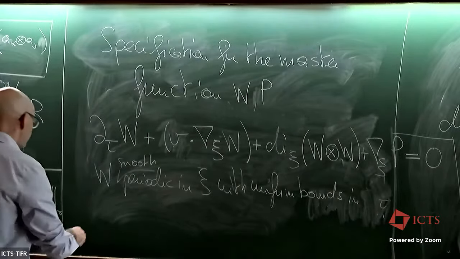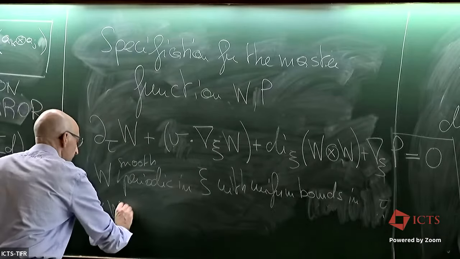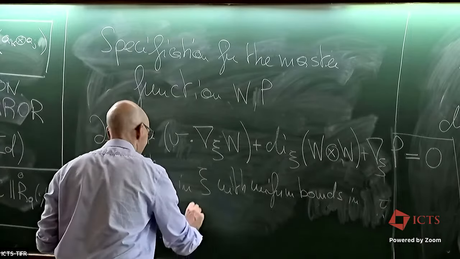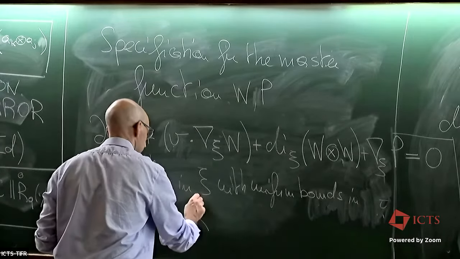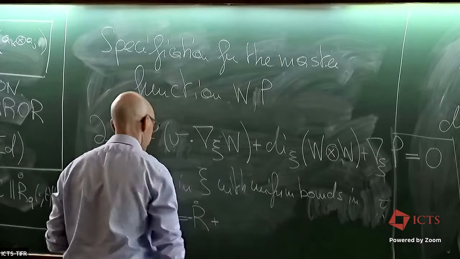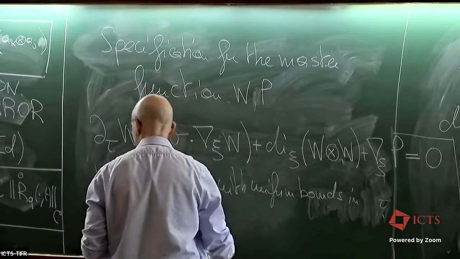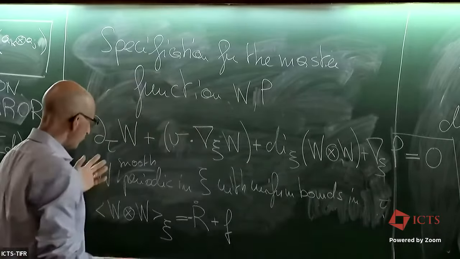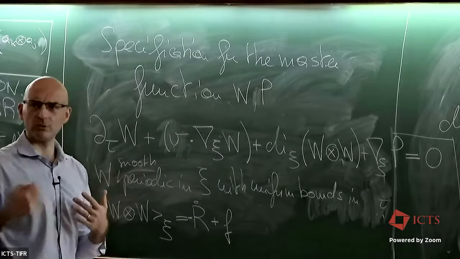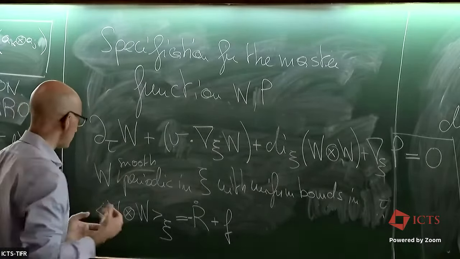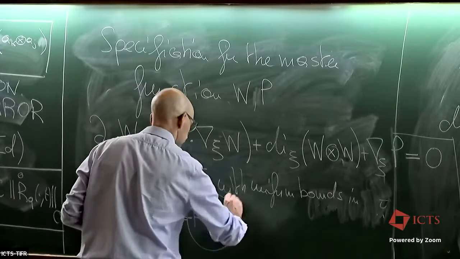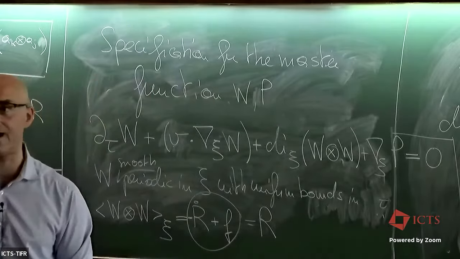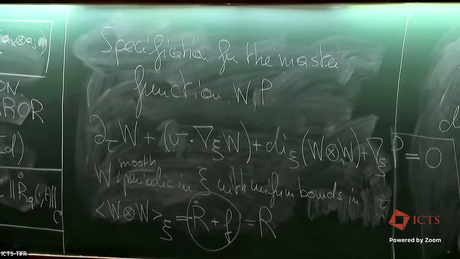The average of W tensor W in psi has to be equal to minus R circle, plus the additional function that I'm going to give, F. For the moment, let me just say F will be up to me to choose. And let me just call this guy big R. And now I have something which is positive definite. I will furnish your function F, and I will be able to hopefully solve this.